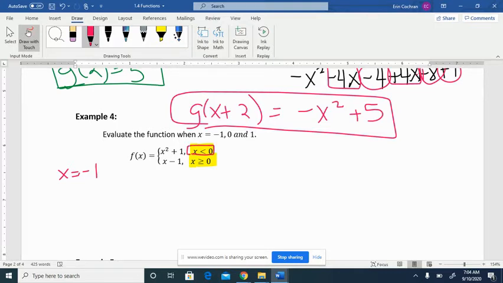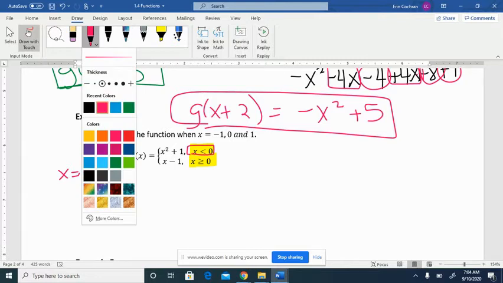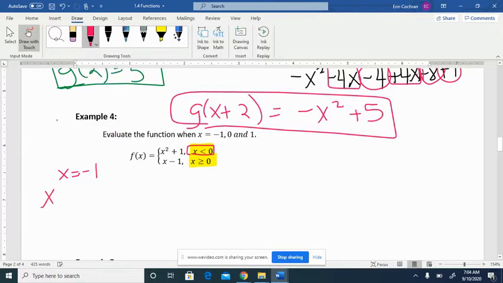Yes, because it says x is less than 0 and -1 is less than 0. So we're going to evaluate when x is -1 for x squared plus 1. So we're going to do -1 squared plus 1. -1 squared is 1. 1 plus 1 is 2. So when x is -1, we get 2.